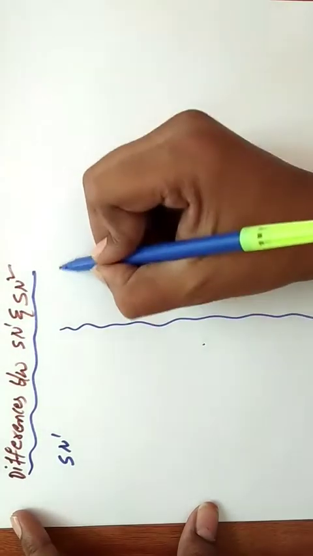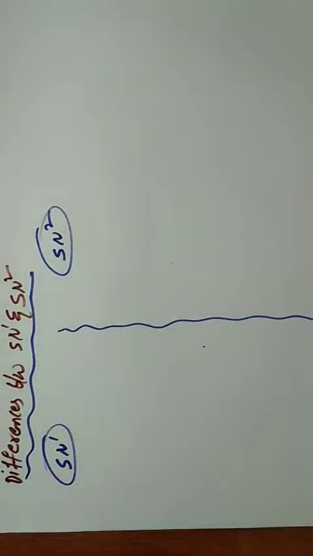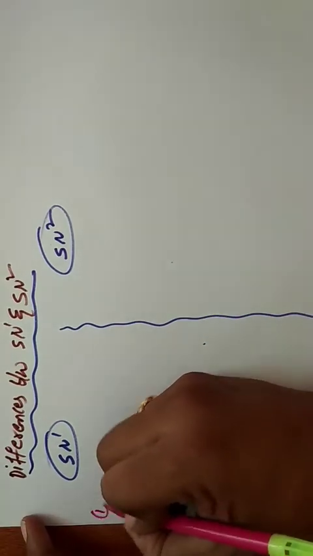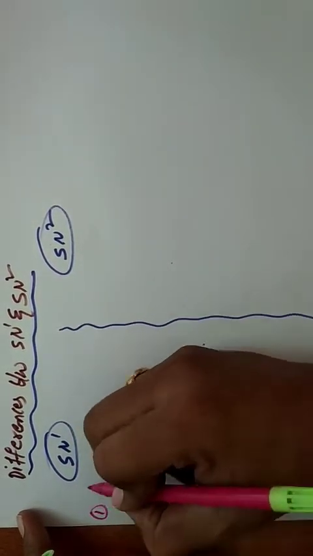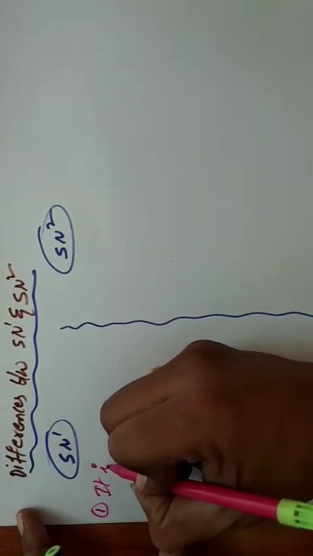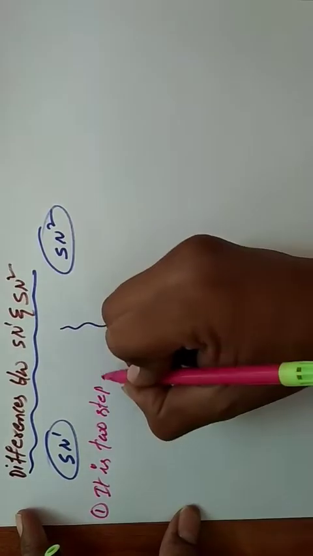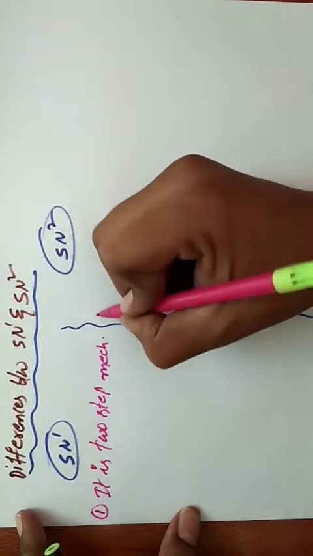It is a two-step mechanism. In SN2, it is a one-step mechanism. Okay.